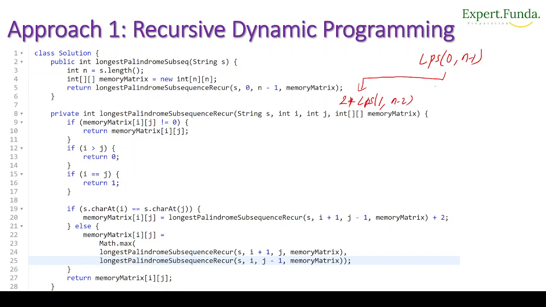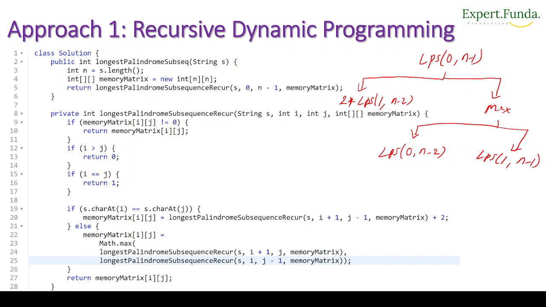Or we take the max, where we have 2 things: LPS of 0, n minus 2, and LPS of 1, n minus 1, where the start increments and the end decrements.